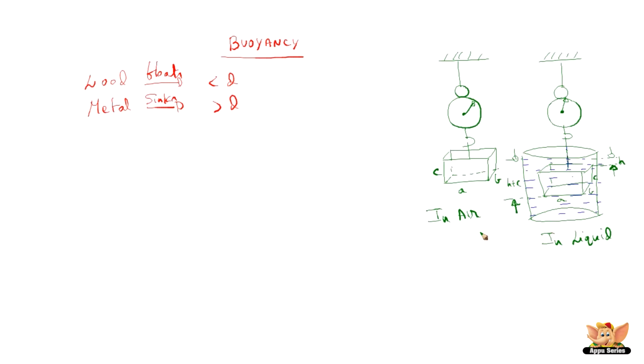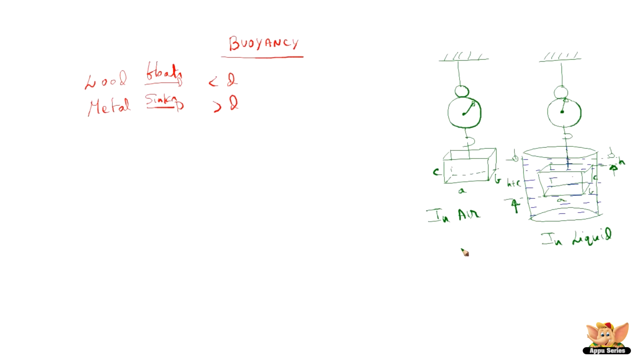Let us understand it and derive the buoyant force from this example. So what is happening here? At the bottom of the box, when it is submerged, there is an upward buoyant force. And on top of the box, there is a downward buoyant force. Now, buoyancy is defined as the difference between this upward force and downward force.